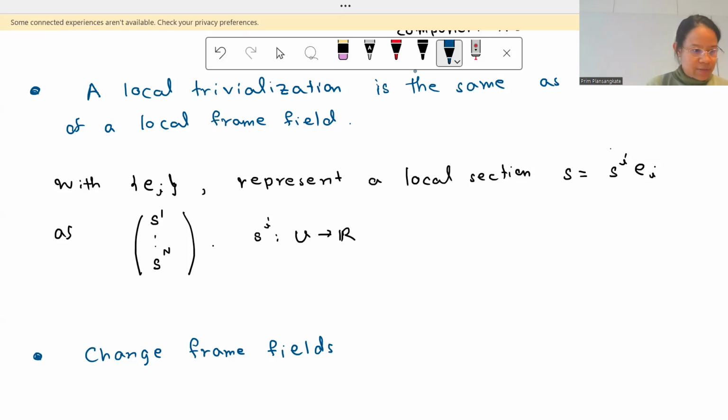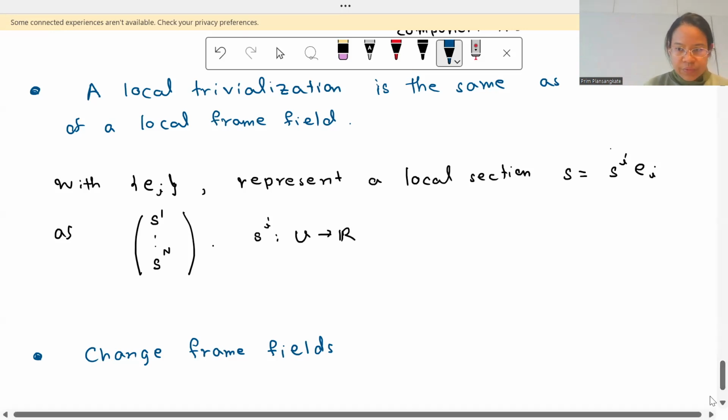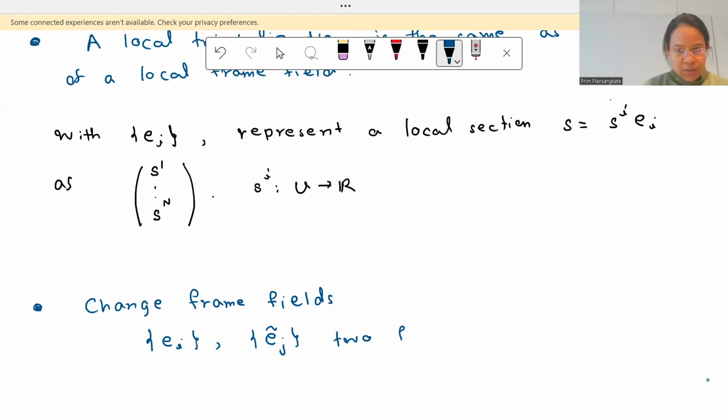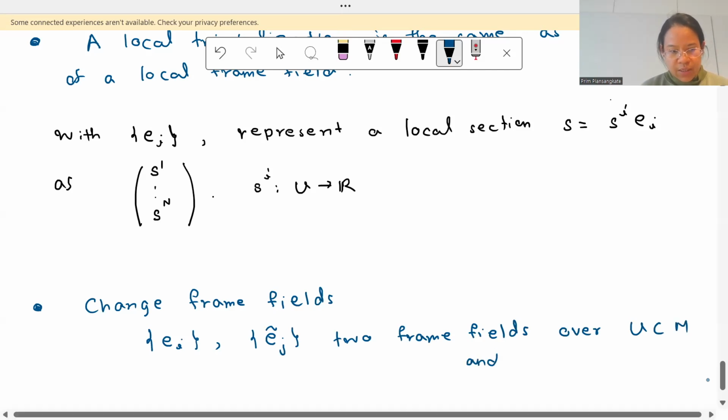Yeah, so suppose you have two frame fields, say E and E tilde, defined over, say, U and U tilde respectively.